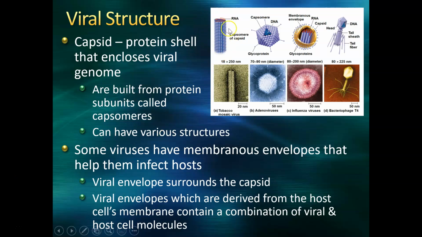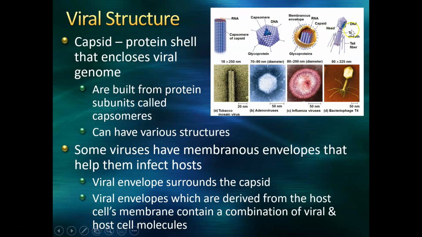So here is a more rod-shaped capsomere protein coat from a tobacco mosaic virus. This one has a different shape here. Some of them are more these rods, and then here's that potential membranous envelope on the outside of the capsomere, something like the flu virus.